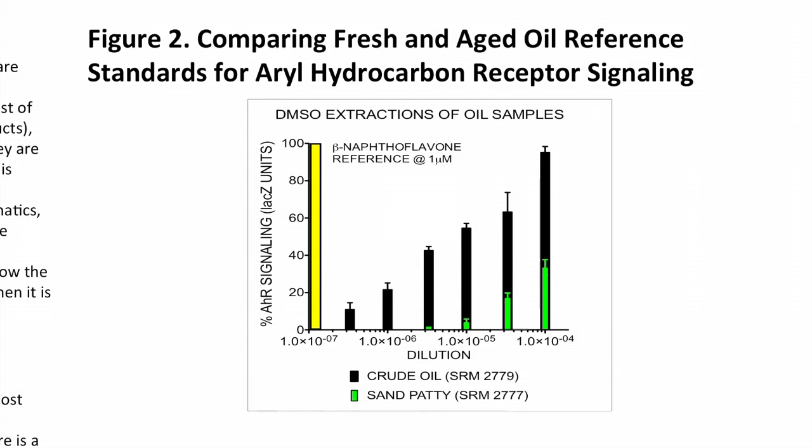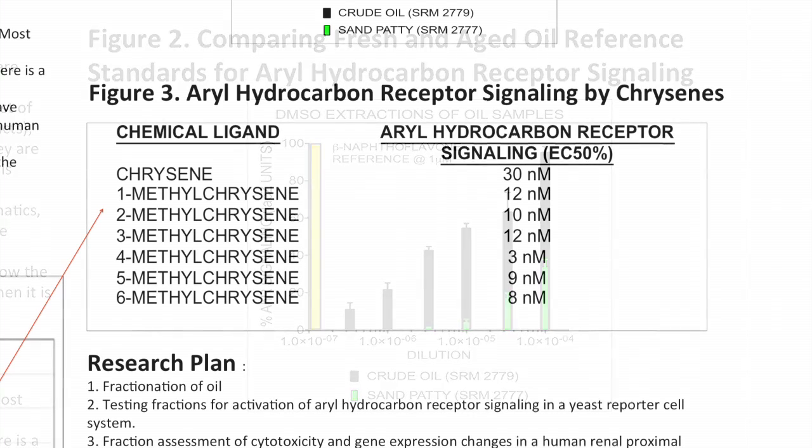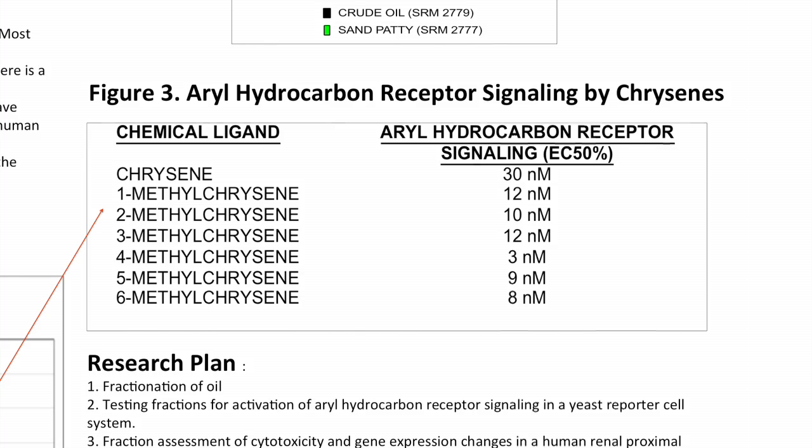This receptor then translocates to the nucleus of the cell and turns on a suite of genes that are coding for enzymes that metabolize those PAHs. In that metabolic process, they can form reactive metabolites that bind to DNA and that can ultimately end up as mutations in DNA, and that's part of the process that we all generally accept as necessary to lead to carcinogenicity.